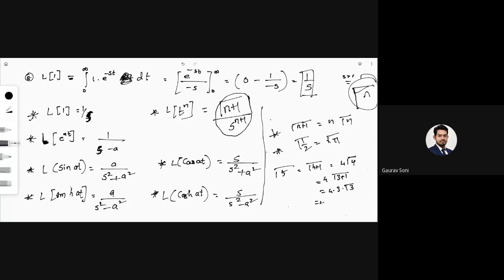Now gamma of 3 I can write as gamma of 2 plus 1, which is 4 into 3 into 2 gamma 2, which I can write as 4 into 3 into 2 into gamma of 1, and gamma of 1 is 1, so this becomes 4 factorial. Is everyone clear how I found gamma of 5 as 4 factorial? Now just for an idea, I will find gamma of 3 by 2.